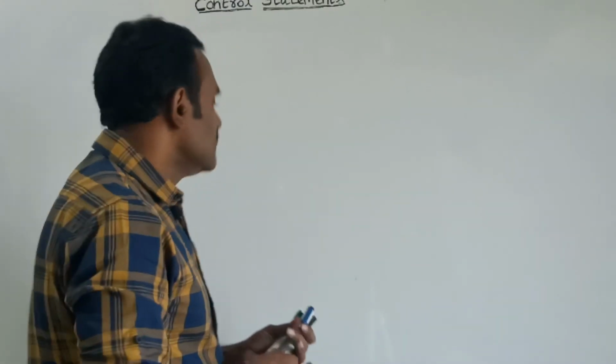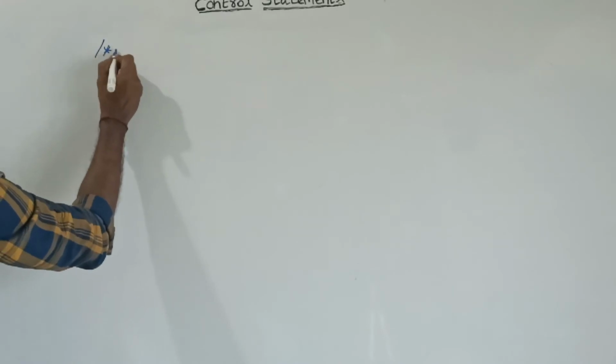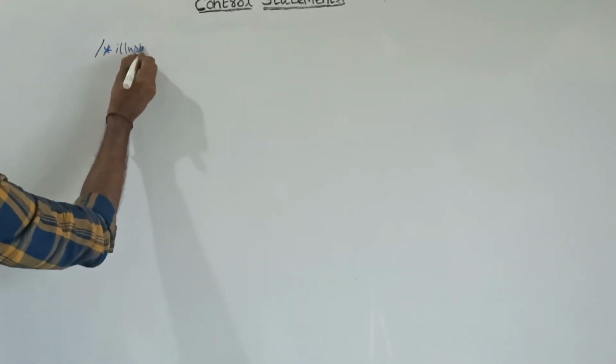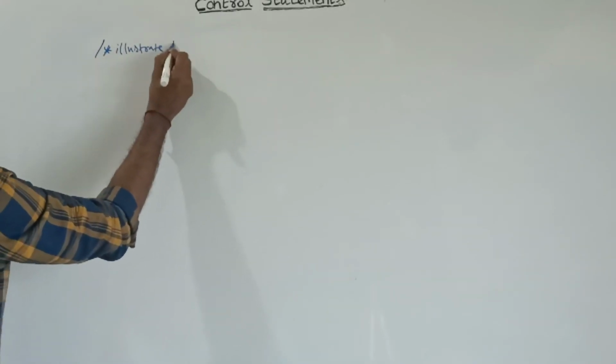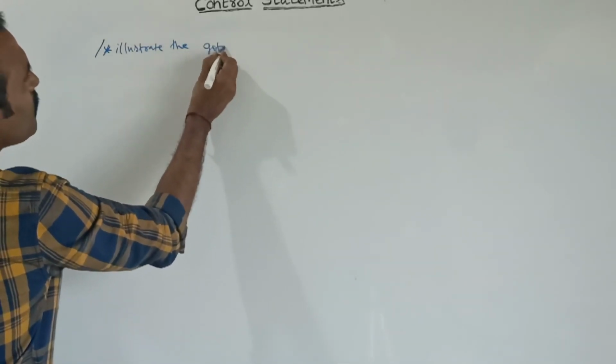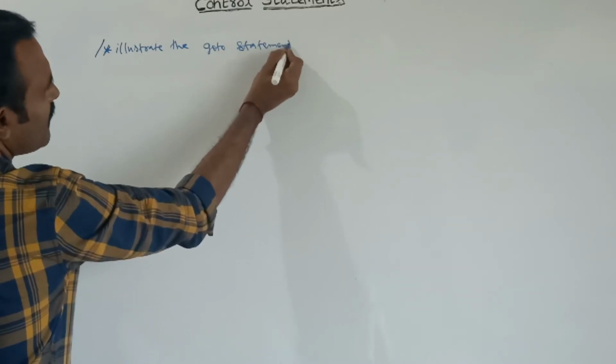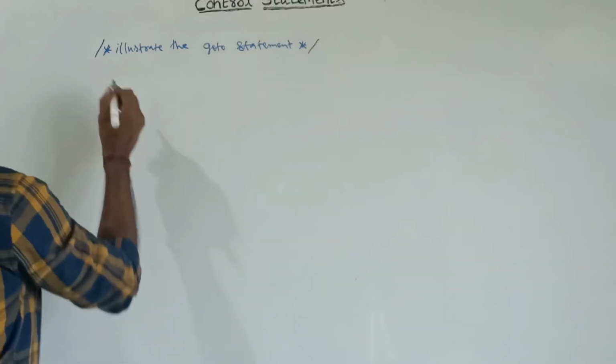Here, say this is the program. Here first, this program is used to illustrate the goto statement. Here I am closing.